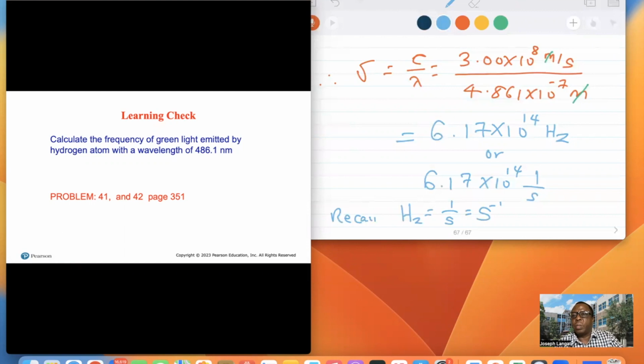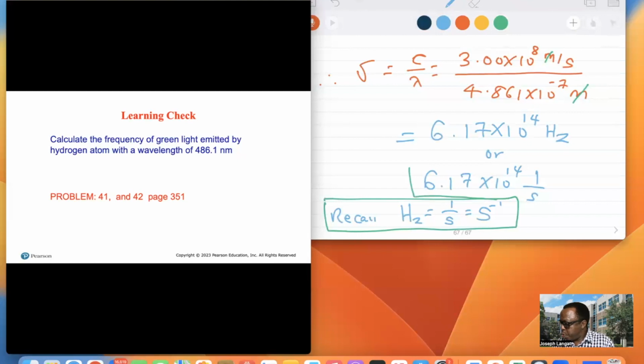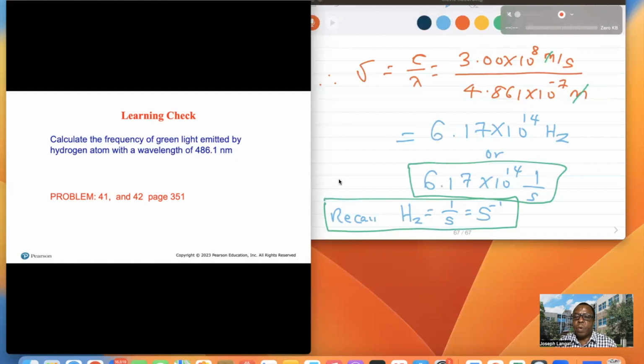All right, we're good. So this is how you get the units for frequency. What I've done is convert, and from here you can be asked to change to gigahertz, kilohertz, megahertz, and so forth, depending on the question.